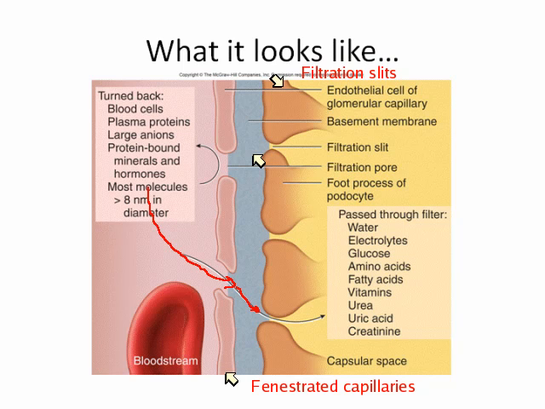And then if it's still small enough, then it will be able to get past the filtration slits. And so that way it will go ahead and remove it. Things that will be passed through the filter.